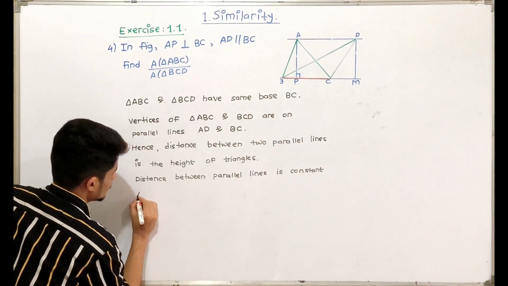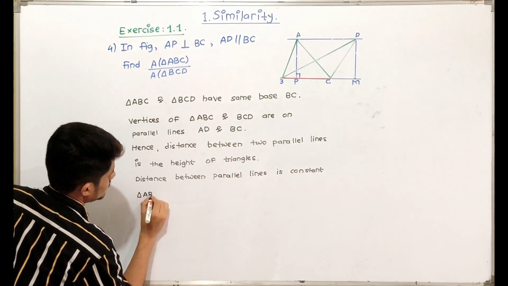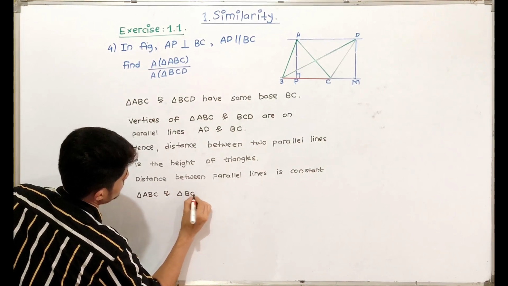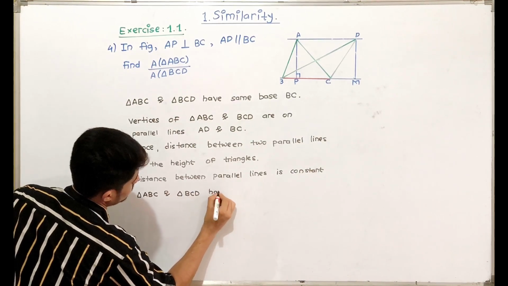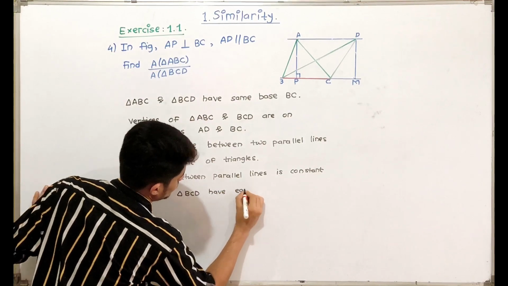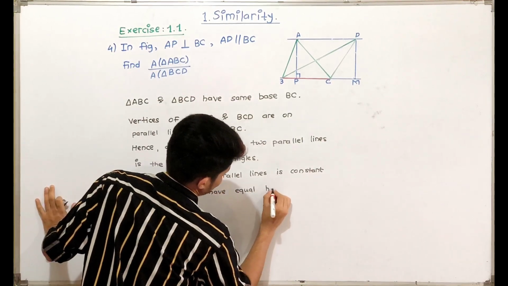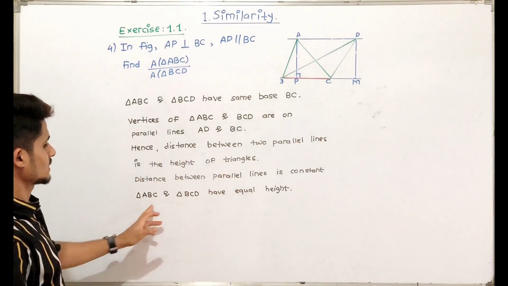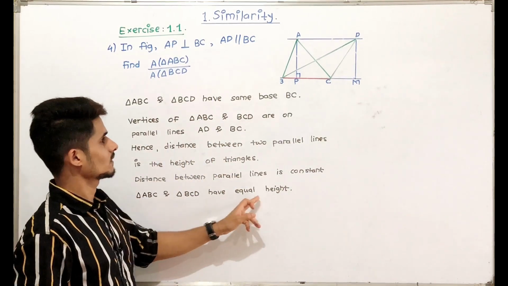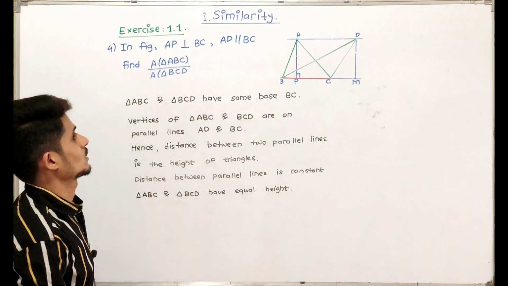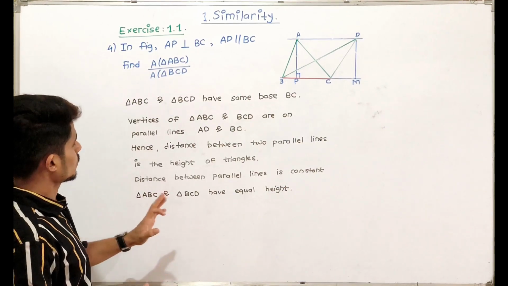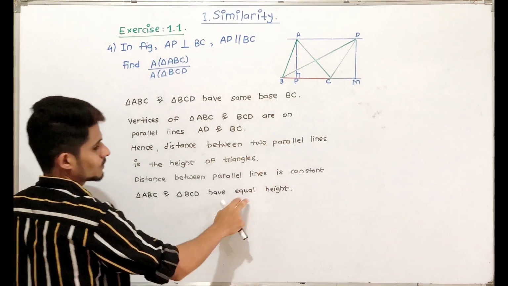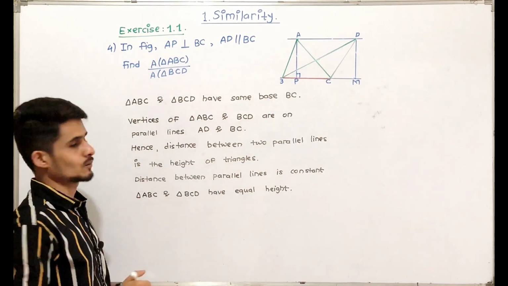So triangle ABC and triangle BCD have equal heights. So area of two triangles with equal base and equal height is equal.